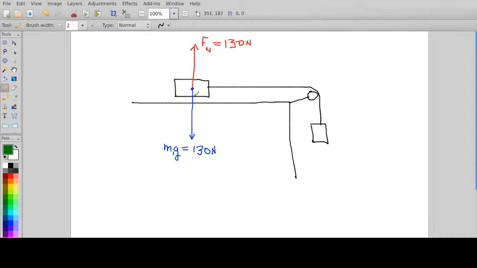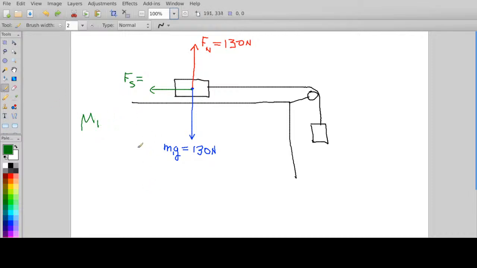Now there's a frictional force like this, and we'll call this one Fs, and we don't really know how big it is. The reason we don't know is because you can't use mu k times Fn. Why not? You see that k there? That's kinetic, so that formula doesn't work.